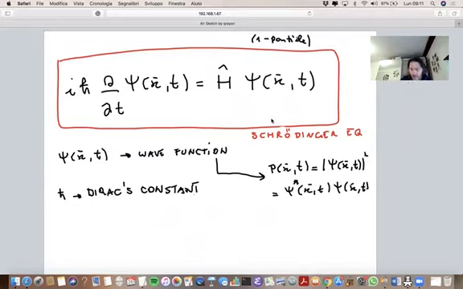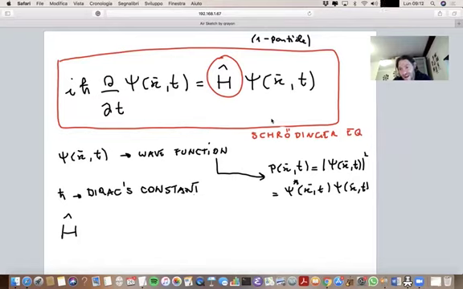So the big guy in this equation, the big mathematical mystery, is this object here. So what is H? Notice first of all that I used a symbol with a hat, while everything else in this equation doesn't contain a hat.